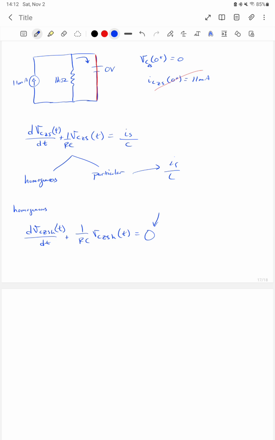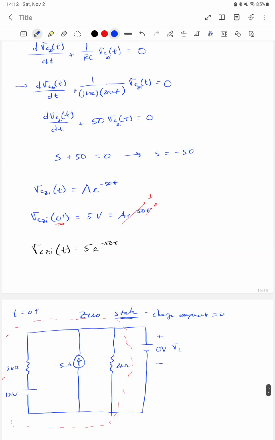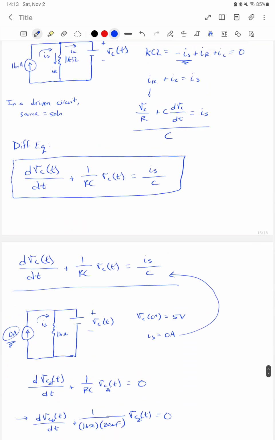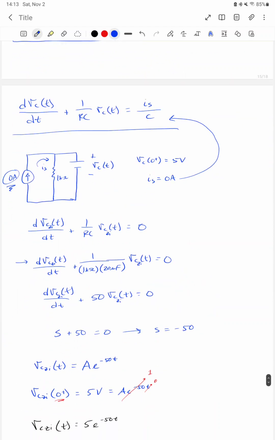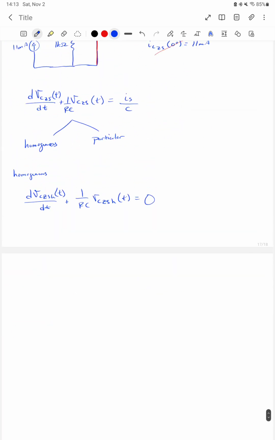right? That's very, very different from setting this equal to 0 because of your source current, right? Because up here, for 0 input, what we discovered with our 0 input was that your IS was 0 once you turn this to a 0 amp source. So these are two different ways to do it. I understand how there could be some confusion, but one is derived from the circuit, and this one is done mathematically.